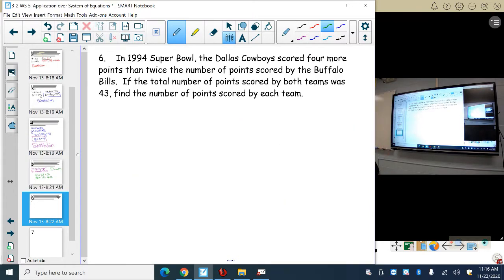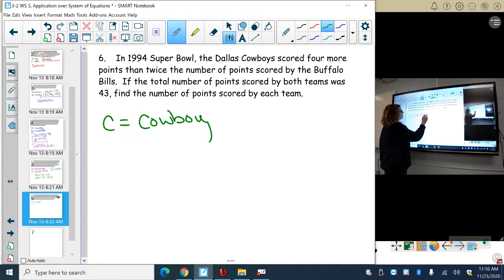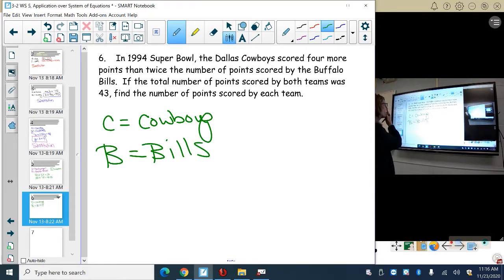And the last one, in 1994 Super Bowl, the Dallas Cowboys scored 4 more points than twice the number of points scored by Buffalo Bills. So I have C for Cowboys and B for the Bills. The Dallas Cowboys scored 4 more points than twice the points scored by the Bills.